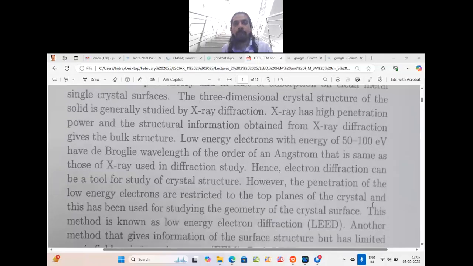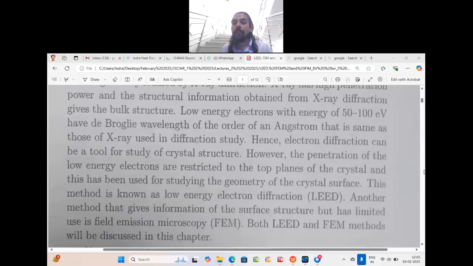Low energy electrons with energy of 50 to 100 electron volts have a de Broglie wavelength of the order of an angstrom, the same as that of X-ray used in diffraction study. Hence, electron diffraction can be a tool for studying the crystal structure, like X-ray diffraction.